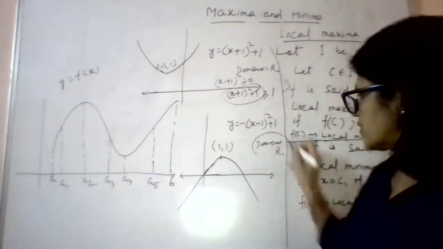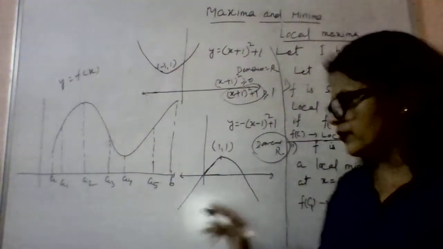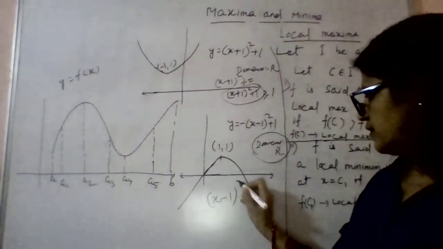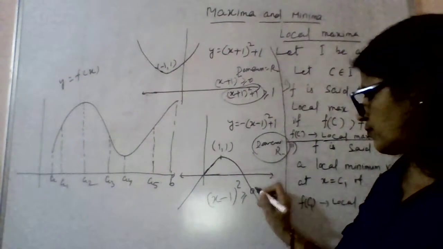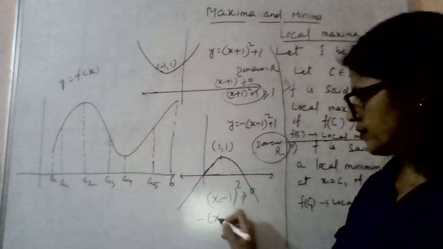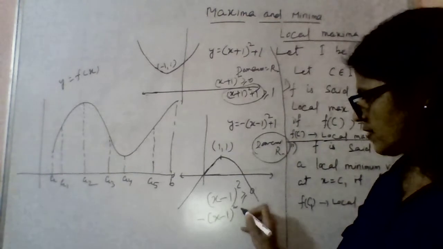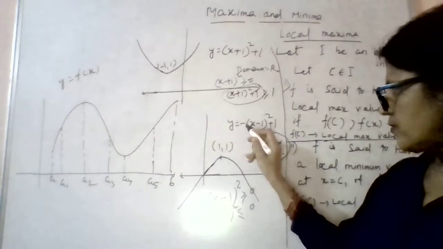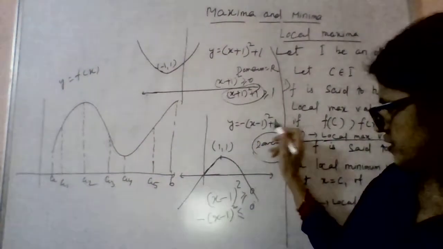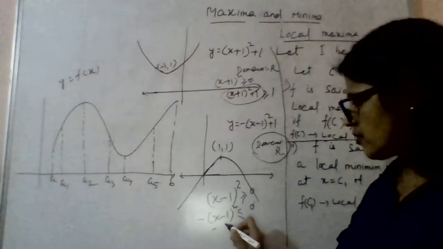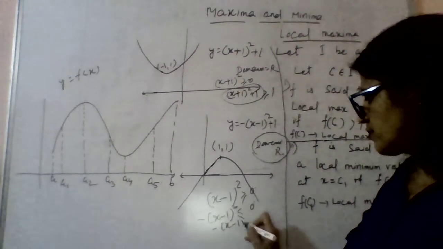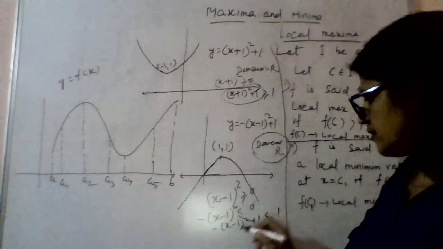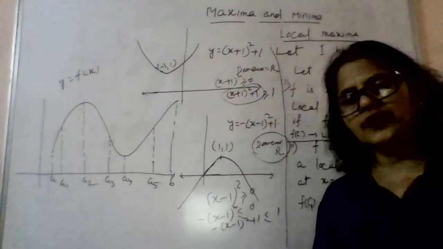In the entire domain, (x minus 1) whole square is greater than or equal to 0, so minus (x minus 1) whole square is less than or equal to 0. We have y equal to minus (x minus 1) whole square plus 1, which is less than or equal to 1. So y is less than or equal to 1.